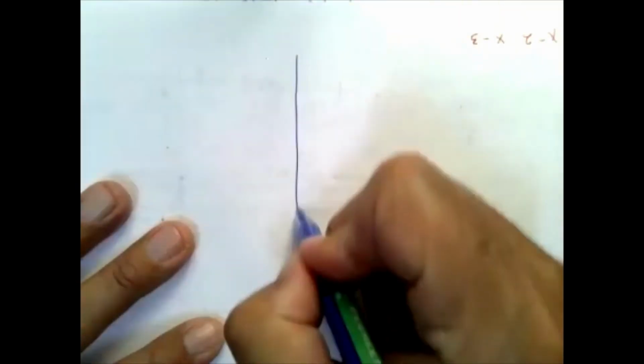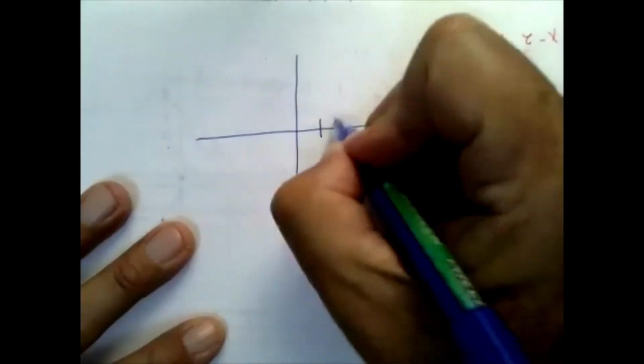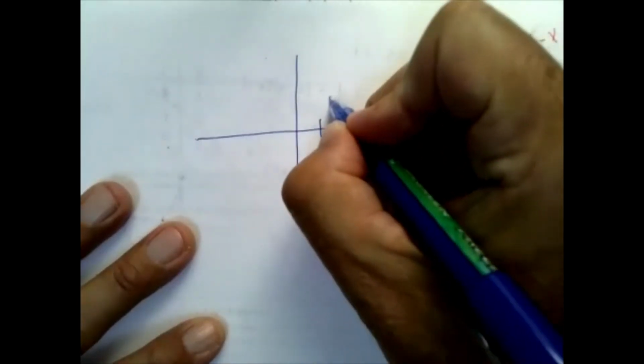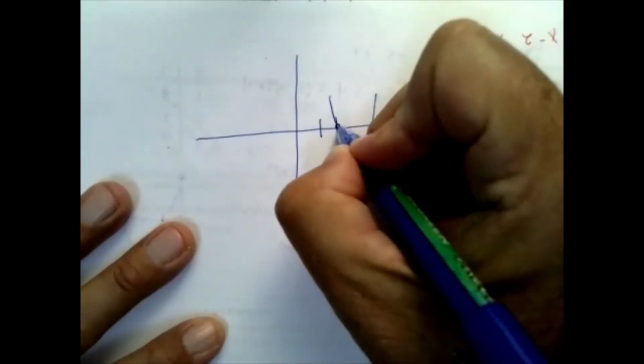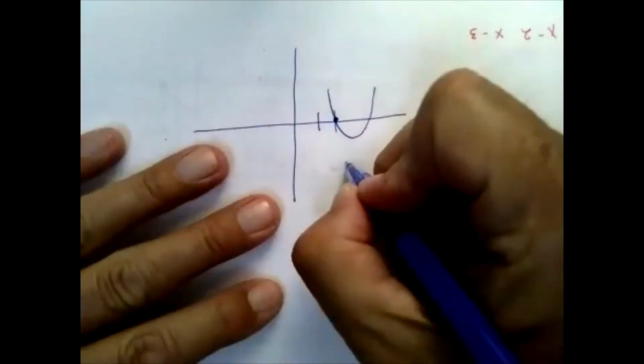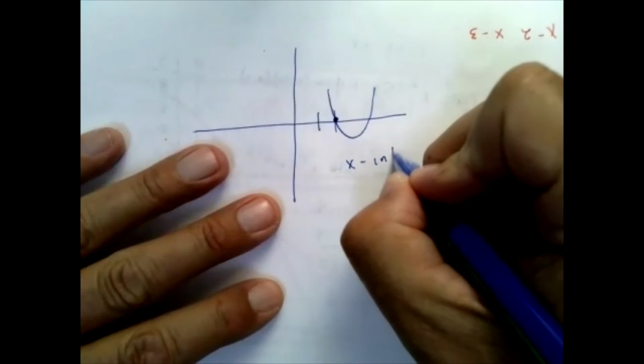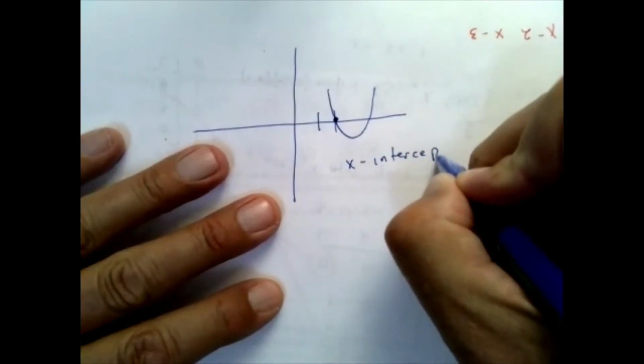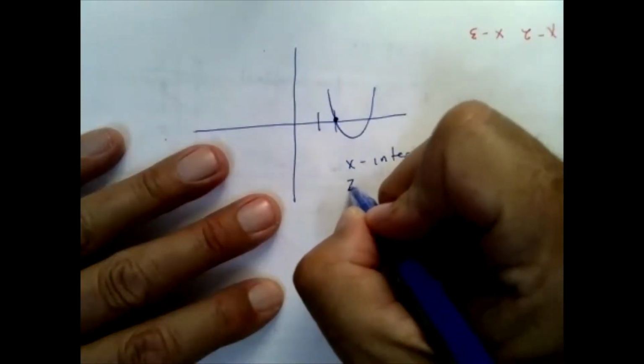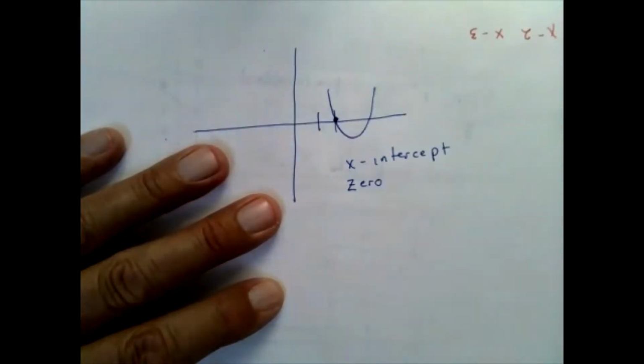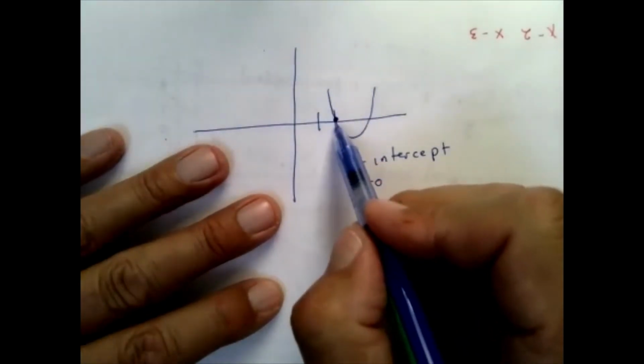I like that. When I have a point on a graph, this point is going to have many names. Excellent question, actually. It's going to be an x-intercept, which we're familiar with. It's called a 0 as well, because my y value is 0.